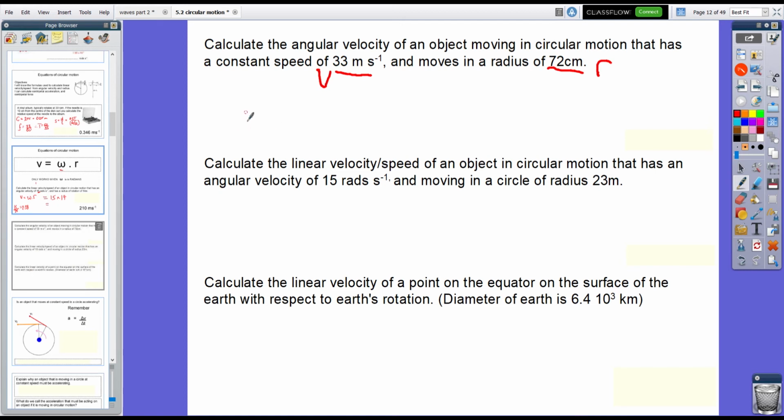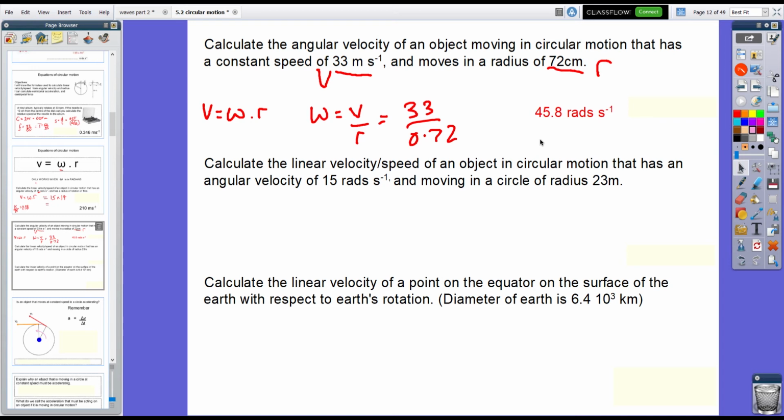Angular velocity: v equals omega r, so omega equals v over r. So omega is 33 divided by 0.72, which is 45.8 radians per second.